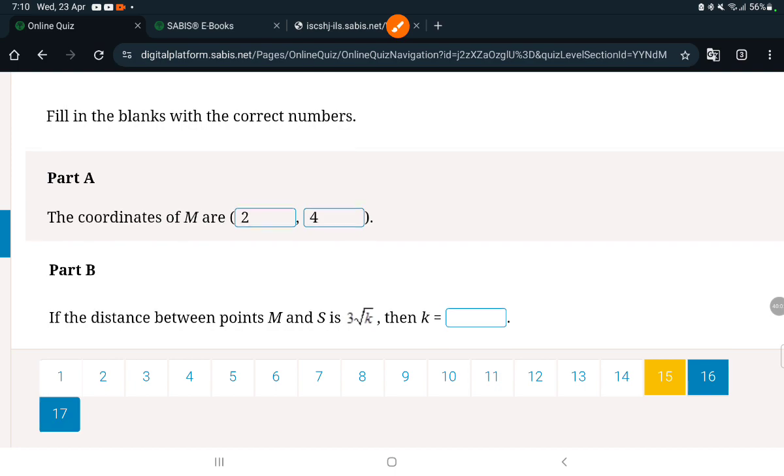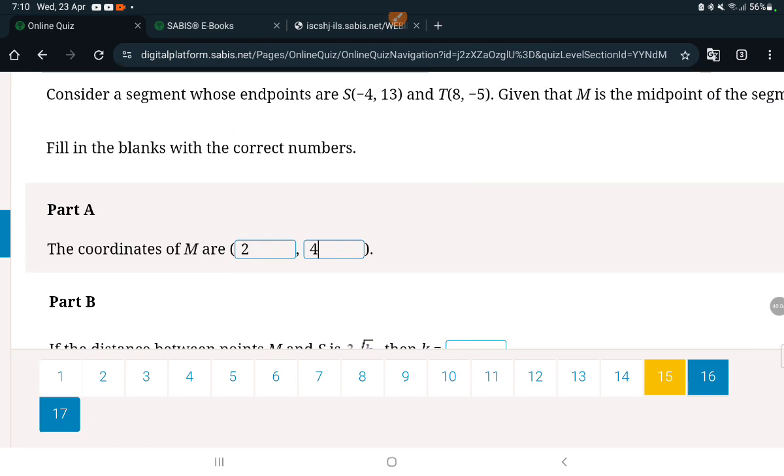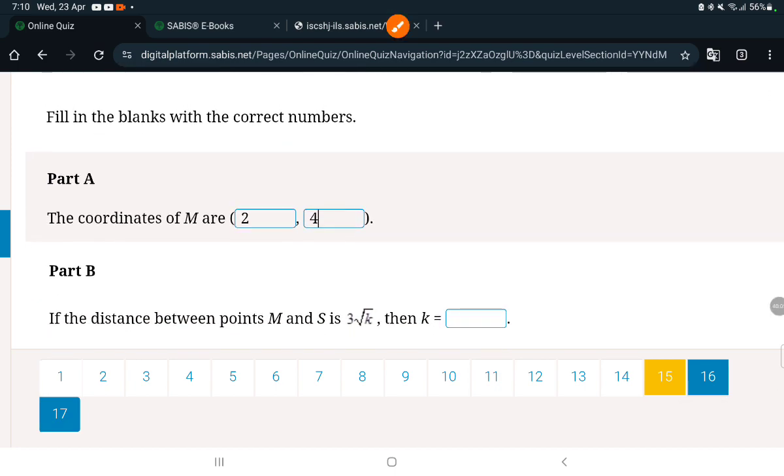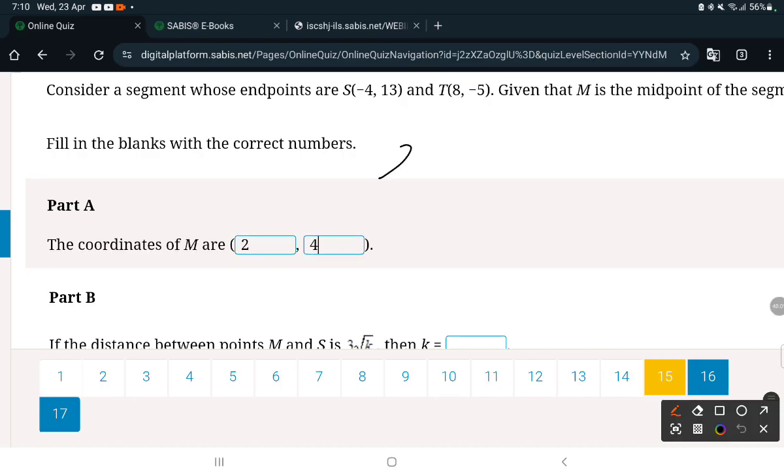So for the distance, we have x2, which is 2, minus 4, which is 6 squared, which is 36.